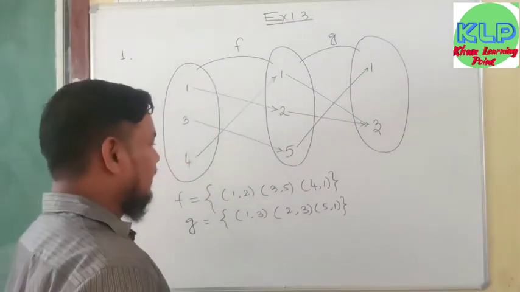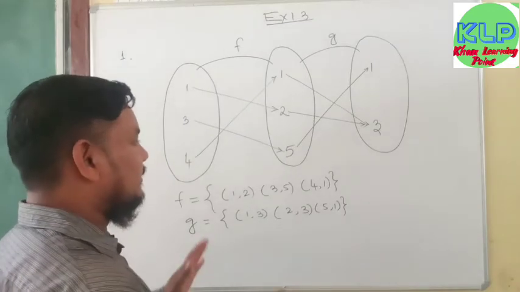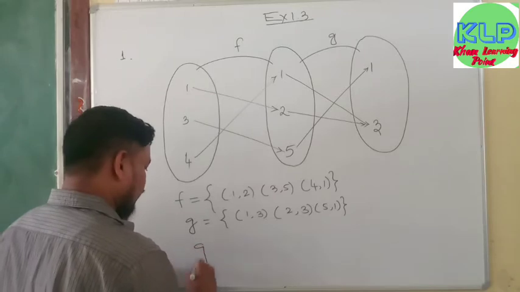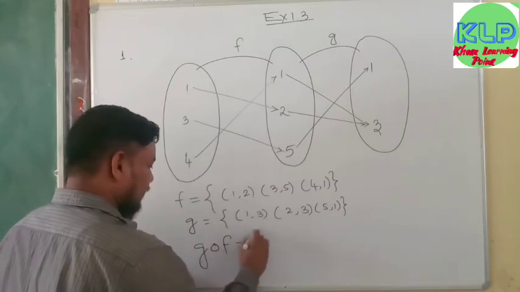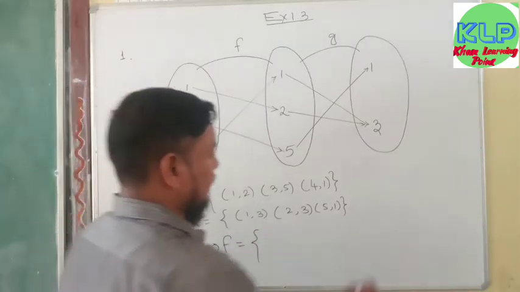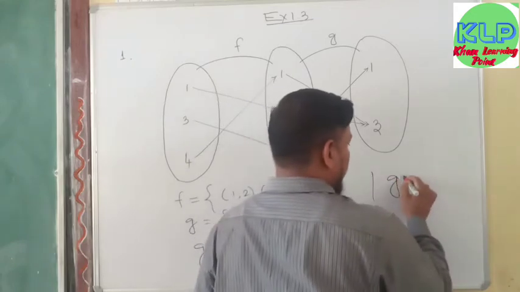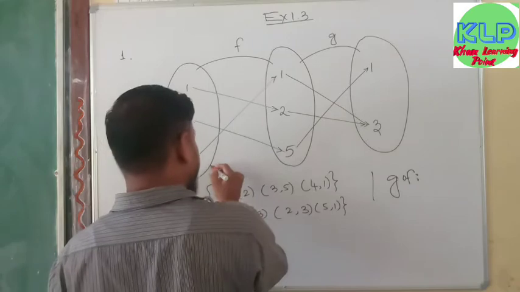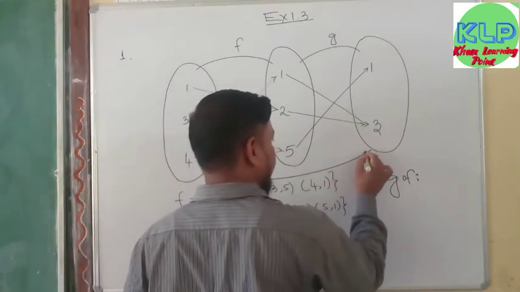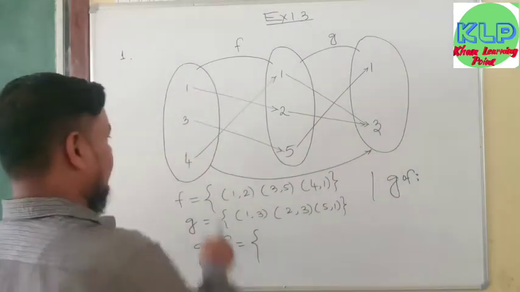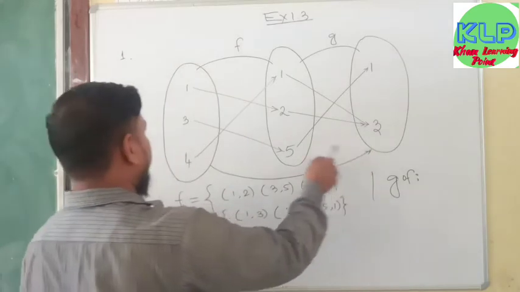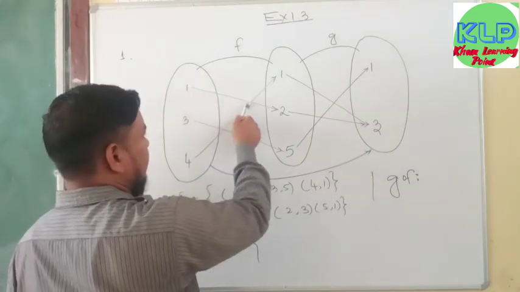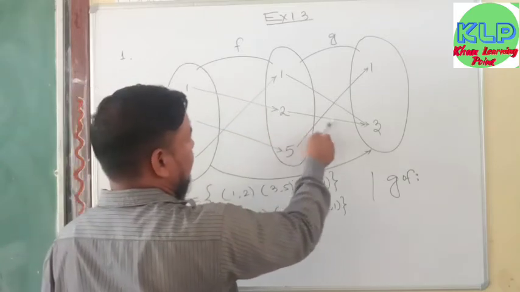Now we need to find gof. gof is a function from this set to this set. We need to see that 1 is related to 2, then 2 is related to 3.